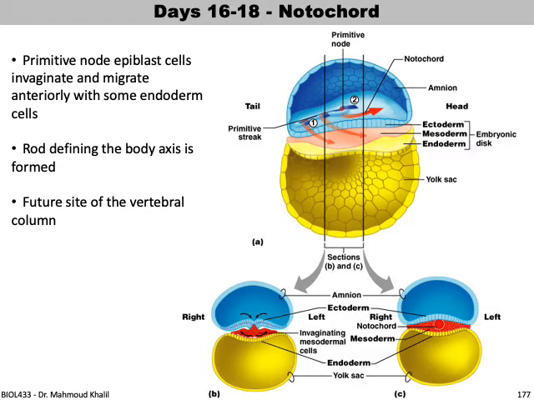If you take a section in front of the primitive node, you can see there are also mesodermal cells between epiblast and hypoblast, but internalized from behind. So the notochord will be formed between the epiblast and the hypoblast. Basically, now the embryo consists of a trilaminar embryonic disc.